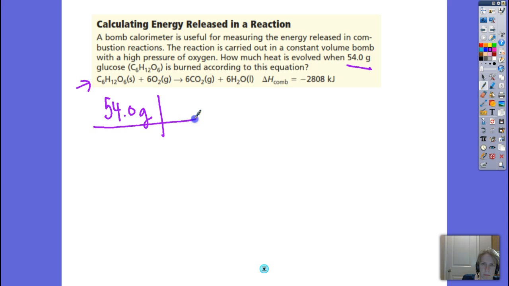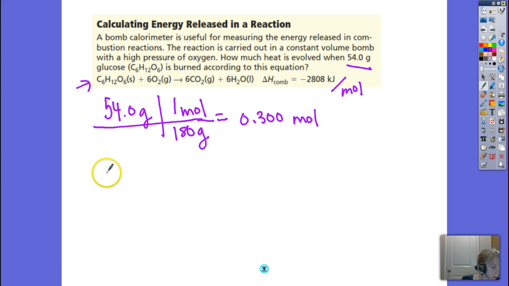Now, because this is per mole, I need to get moles. So what is our molar mass of glucose? It's 180 grams. So we have 180 grams in 1 mole. This is going to give us about 0.300 moles.